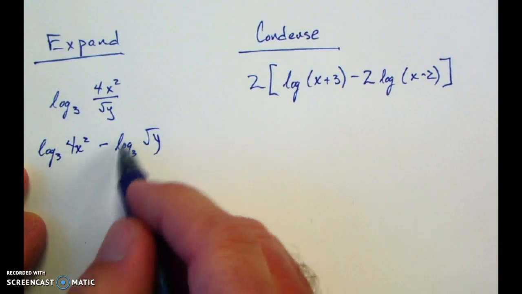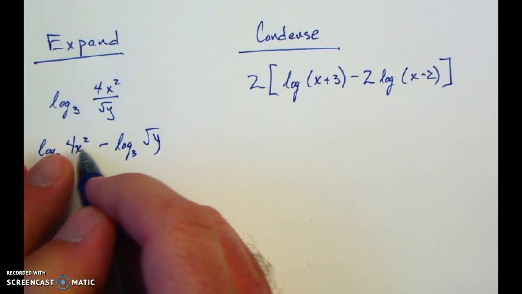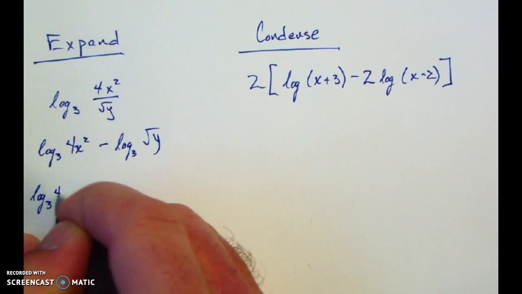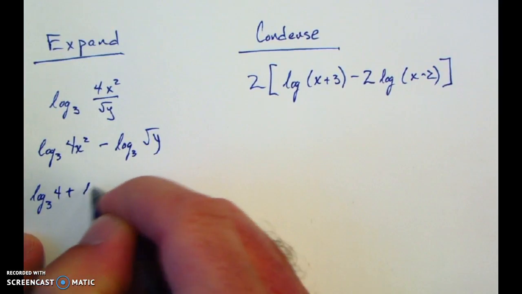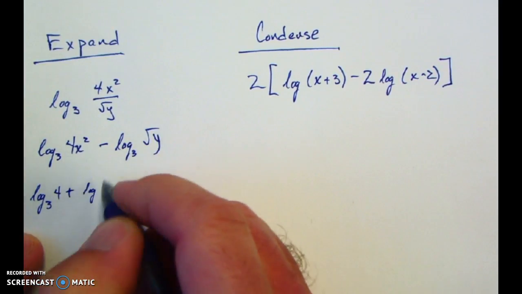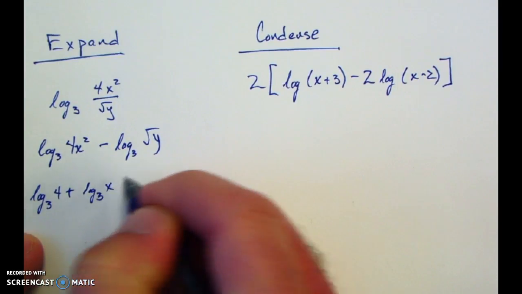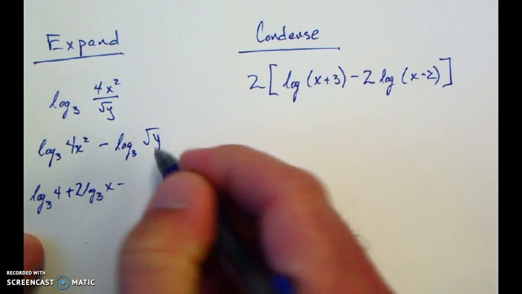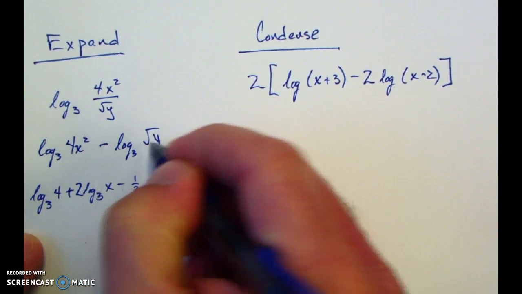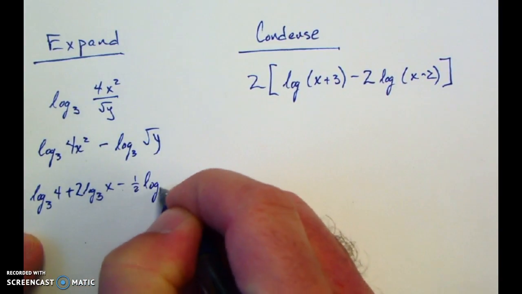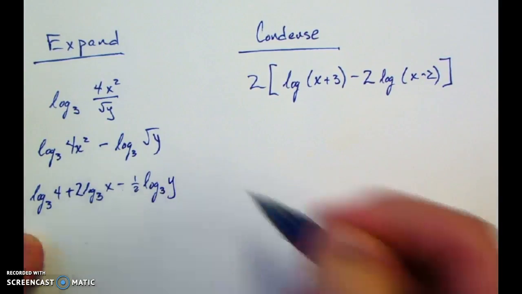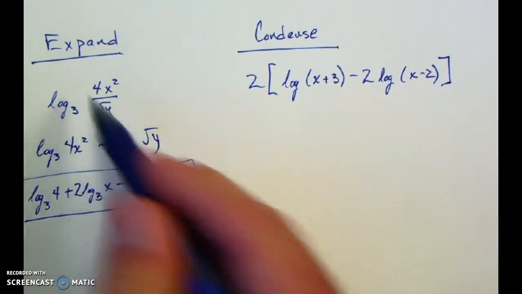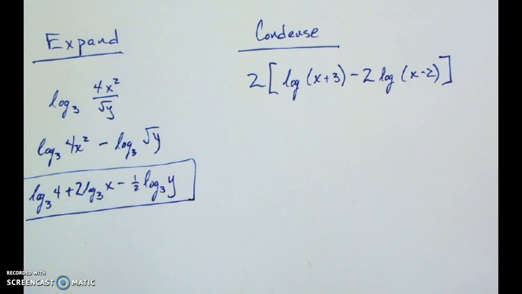We could move that 1/2 out in front. We could separate these two. So we have log base 3 of 4 plus log base 3 of x squared. I could move that 2 out in front there as well. And so then we'd have the 1/2 for the square root, log base 3 of y. So now we have expanded that logarithm using those properties.